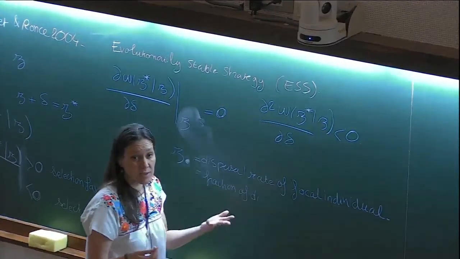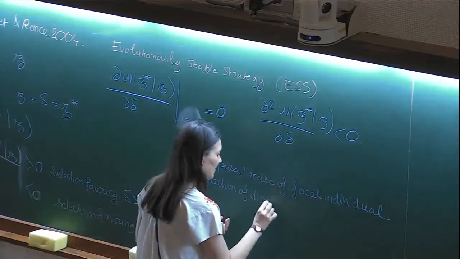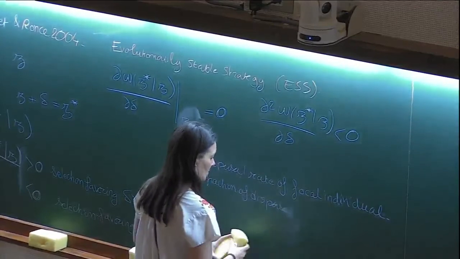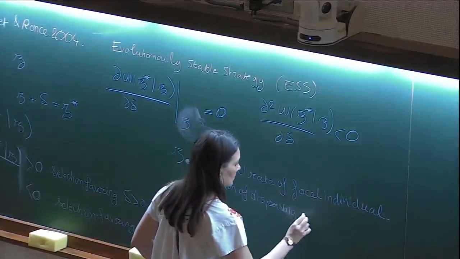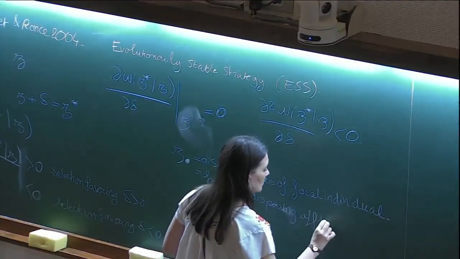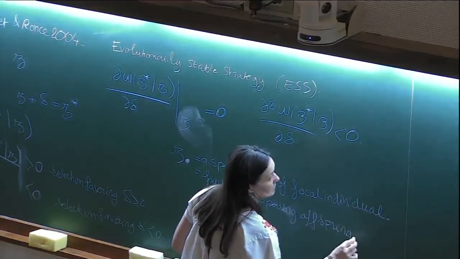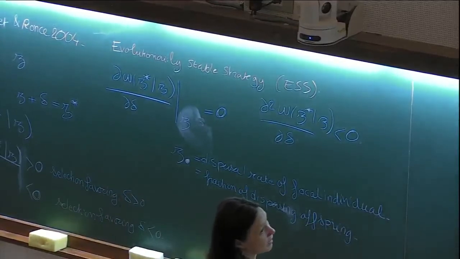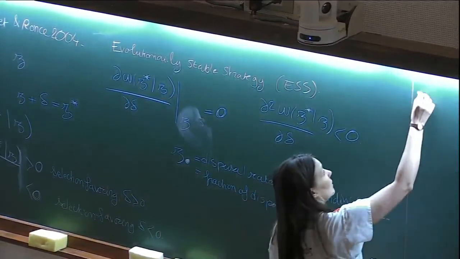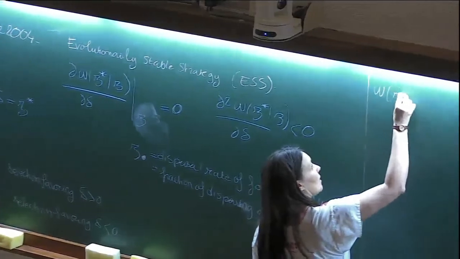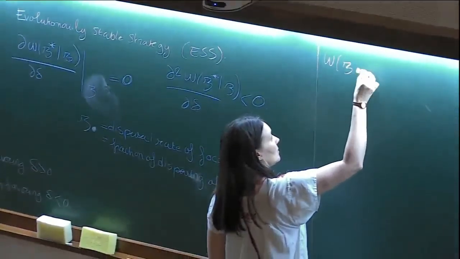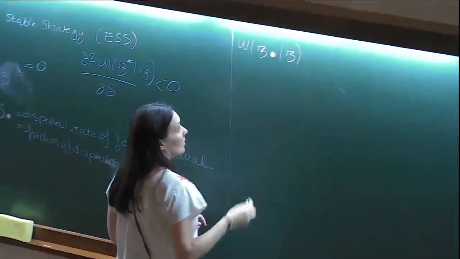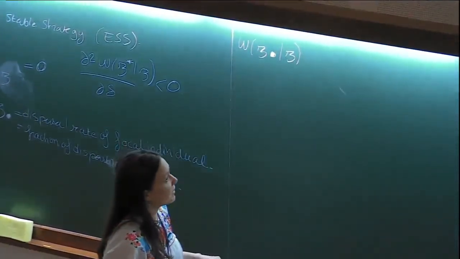Since it's a haploid model, it's a bit the same. So then you compute the fitness of this focal individual, given that you've got some dominant phenotype in the population.